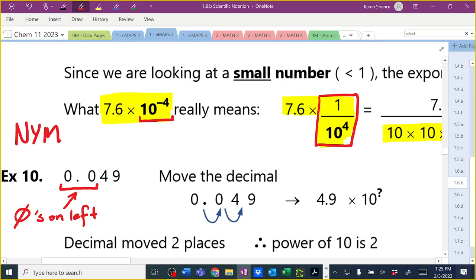Do it with me again. What's over here? No. Yes. Maybe. Once again. No. Yes. Maybe. What are these ones? These are no. Not significant. So we can say that's not significant, that's not significant. 4 and 9 are non-zero digits. So this number has 2 sig figs.